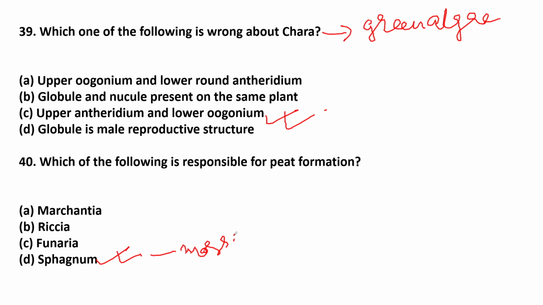Peat is the softest form of coal. It can retain water for long periods and as such is used to cover plant roots during transportation.